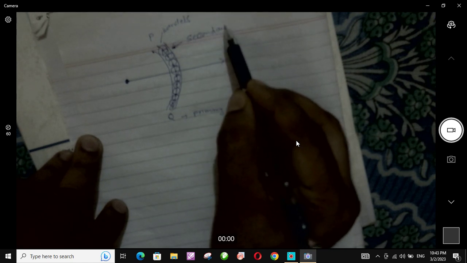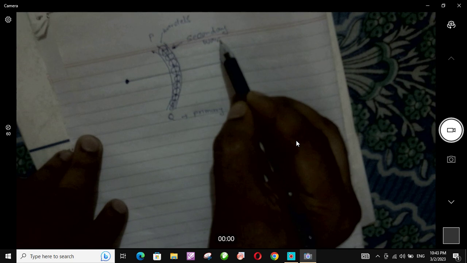And if we take the envelope of these wavelets in the forward direction and in the backward direction, then these envelopes are called the secondary wavefront.